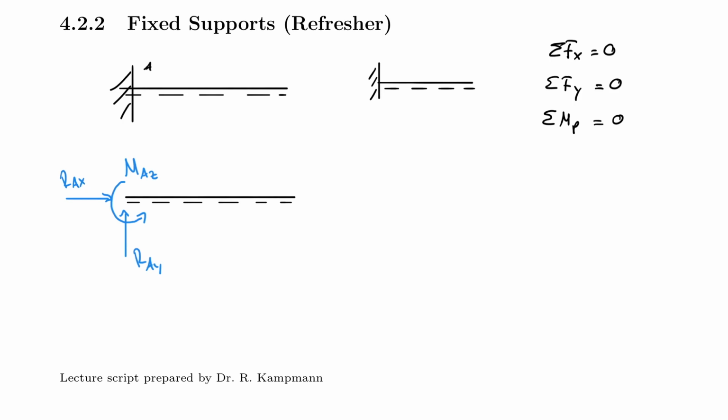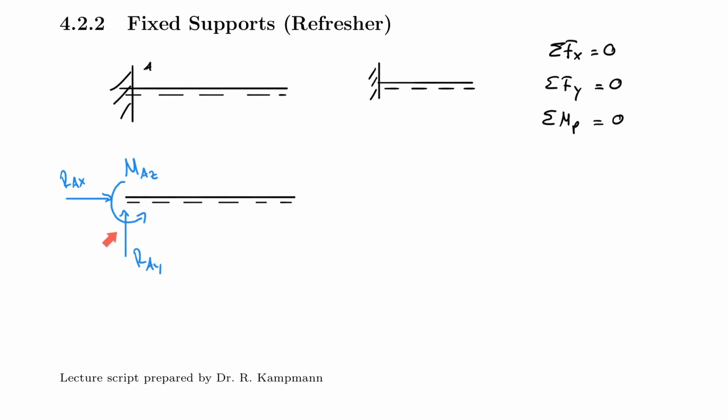And so you can see that if you provide this, the system does not fall down, it does not move left and right, and it does not rotate. And that is important for our static systems so that they actually remain stable. And all these three conditions have to be met. Without that, it does not work.